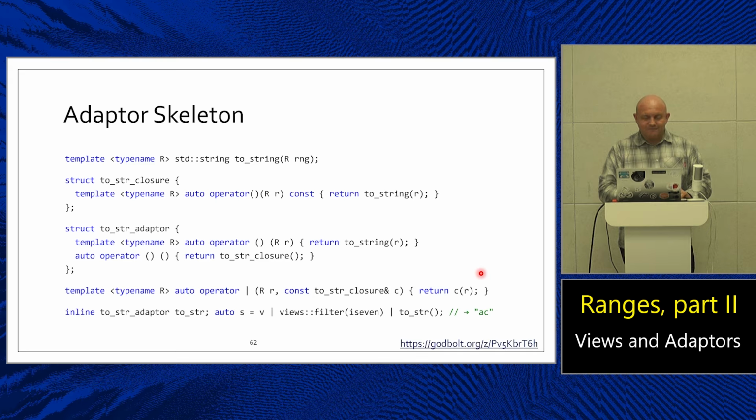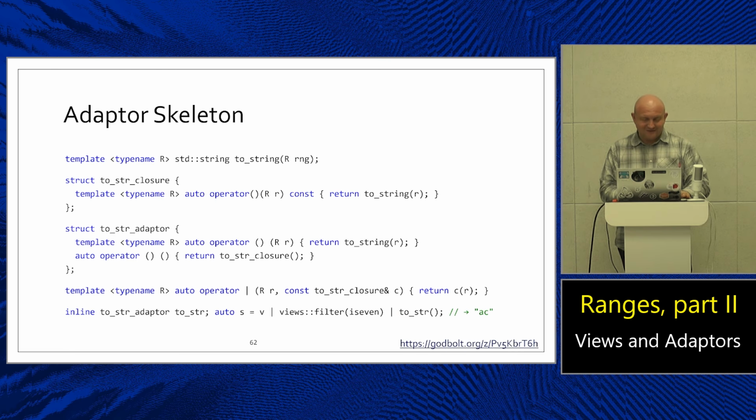And just be careful. toStr here is not constructing a string, it returns a closure. This is not an object constructor syntax. It is a special call to create an adapter, to return a closure, to participate in the pipe operator, and to return something callable after participating in the pipe operator.